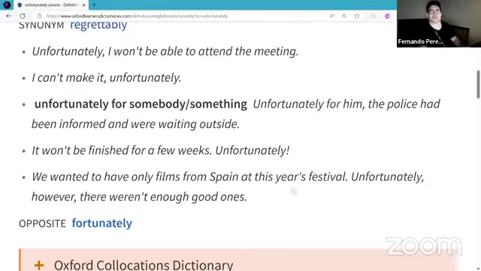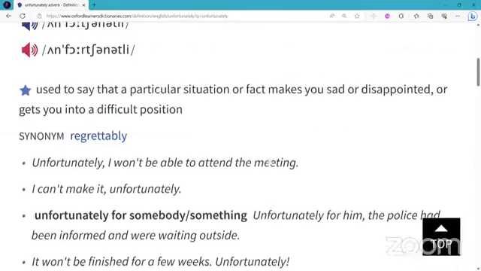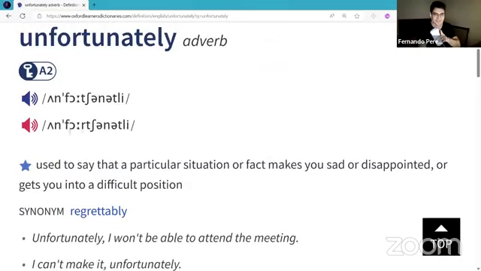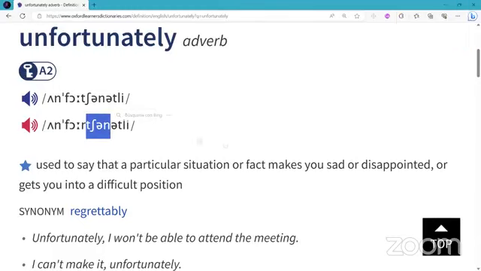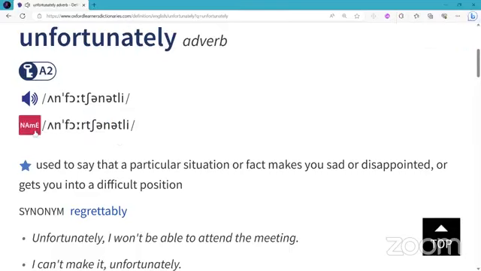Let's focus on the example so we can check chunks. Read the examples, Elsie. Unfortunately. Okay, number 4 is correct. Unfortunately. Yes, unfortunately.